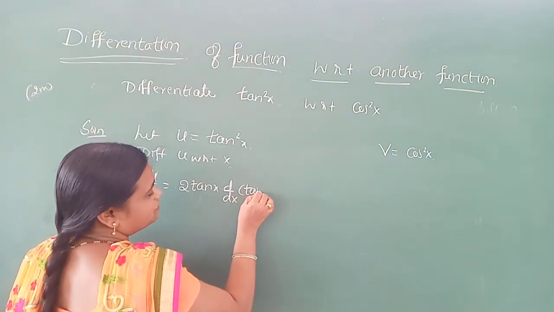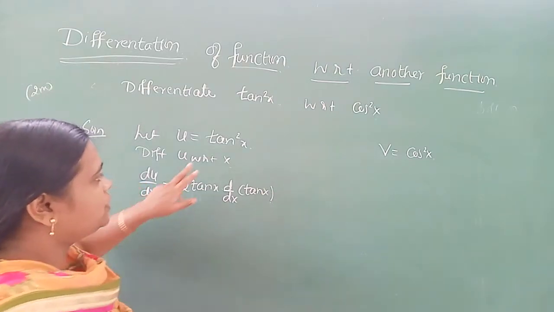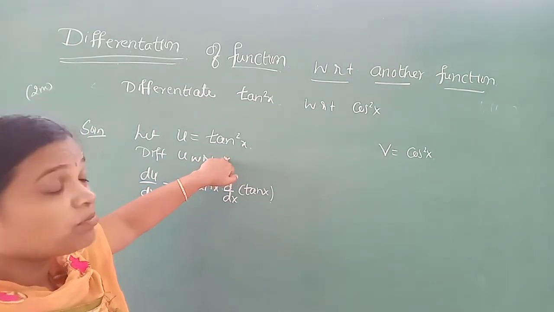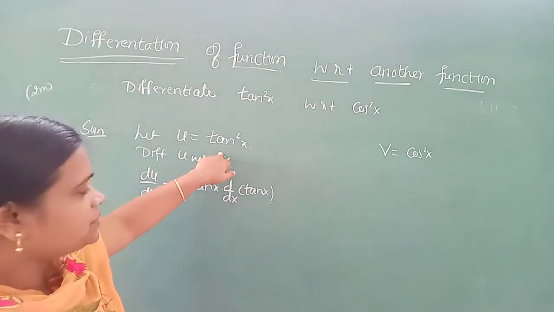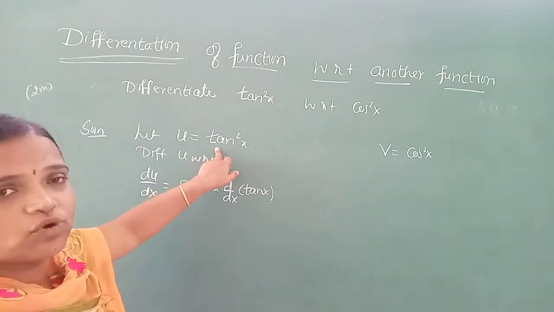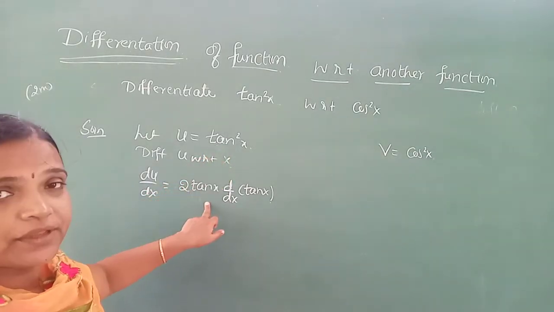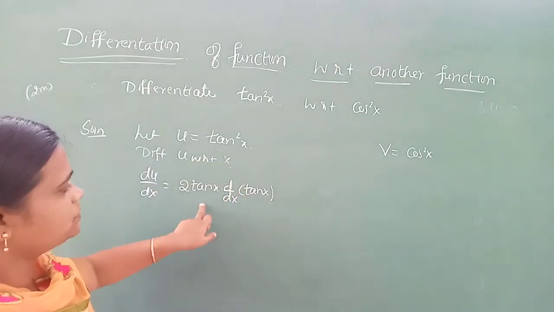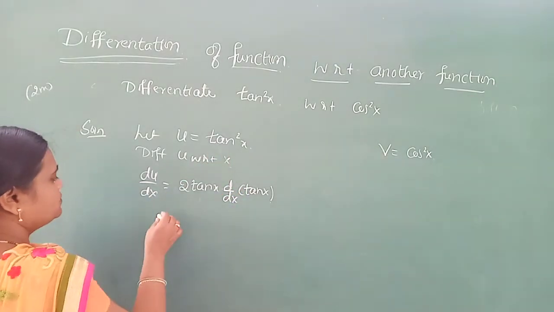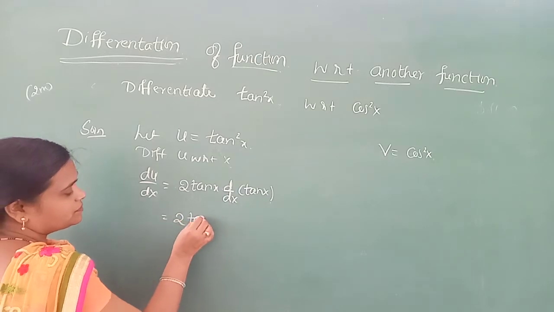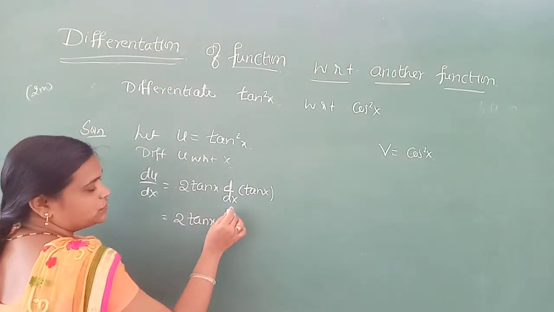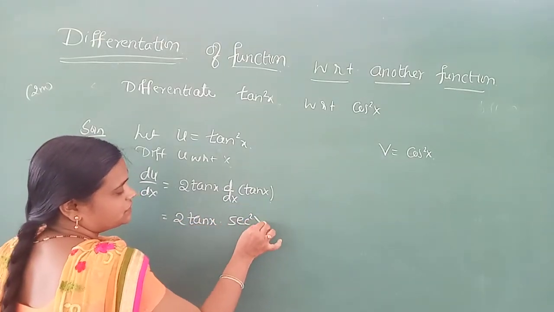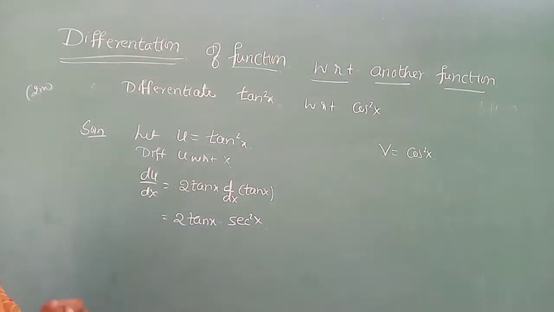I hope everyone understands. First we are doing the differentiation in the form of x square. X square means 2x, here x is tan x, therefore 2 tan x. And later onwards we do the differentiation of tan x because it is function of function. Next we get 2 tan x into tan x differentiation, which is secant square x.